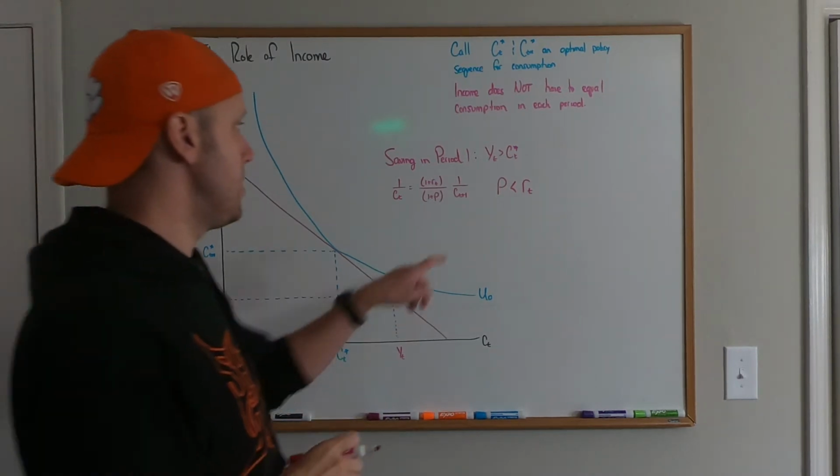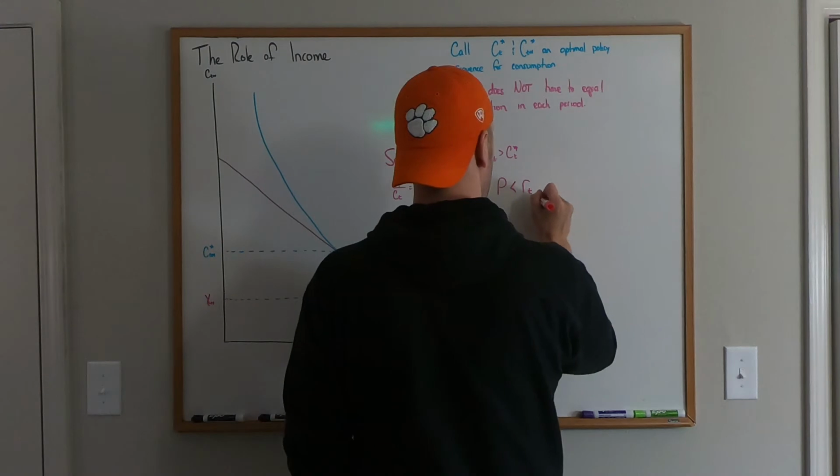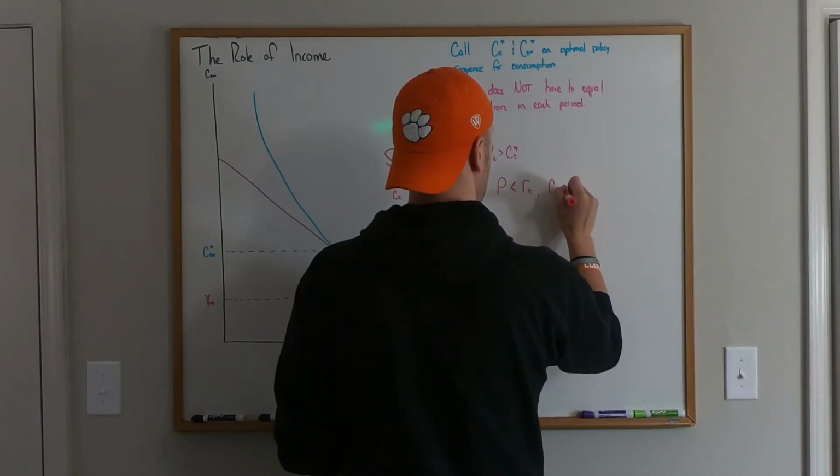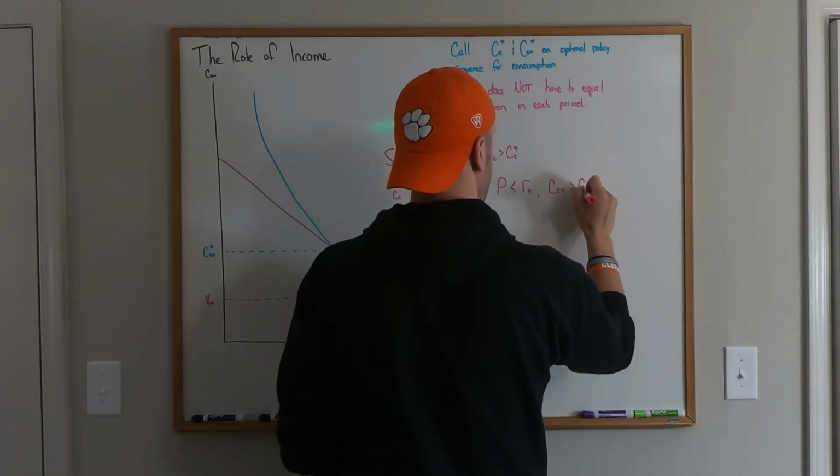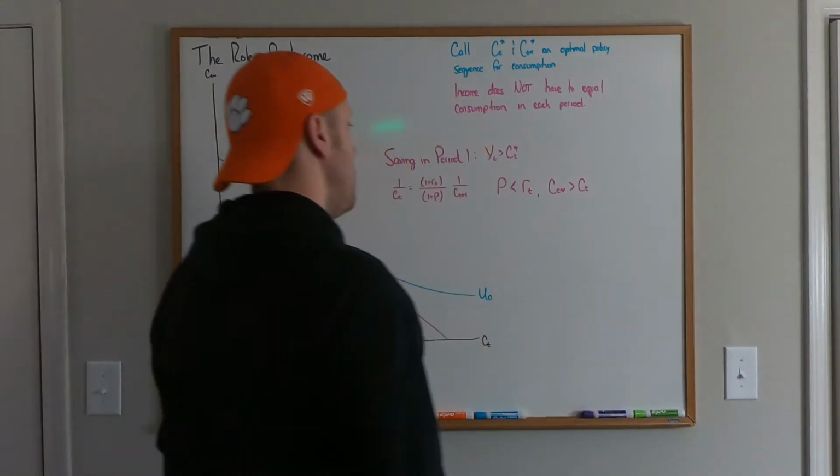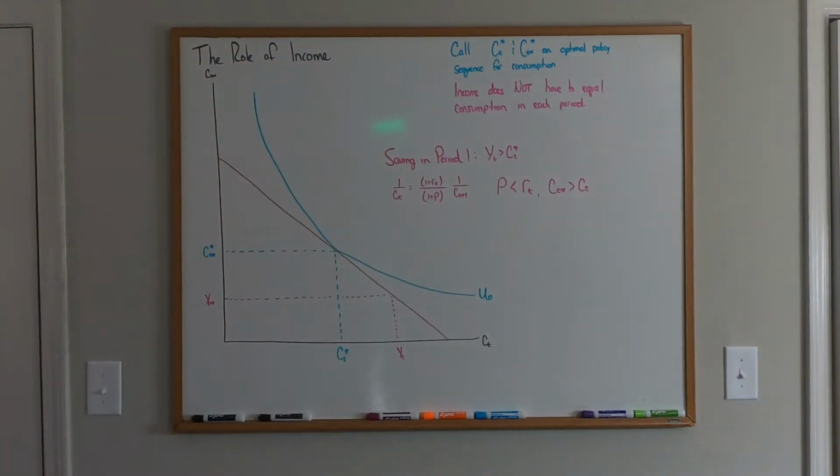So if rho is less than RT, future consumption exceeds current consumption.